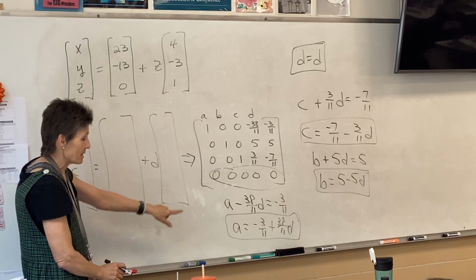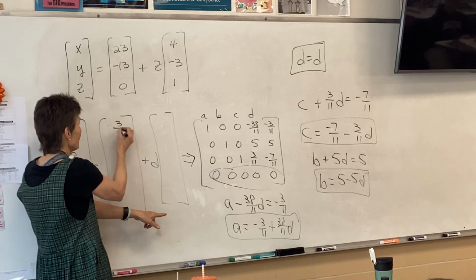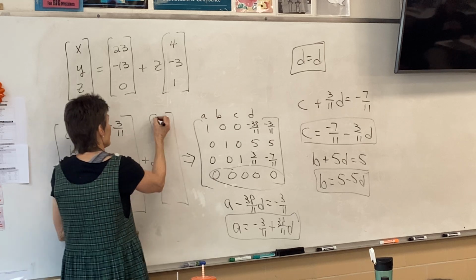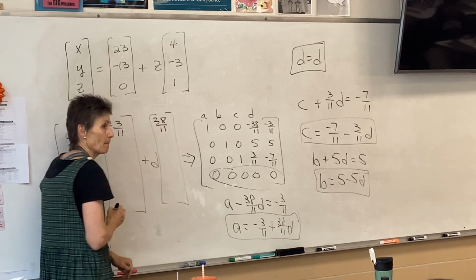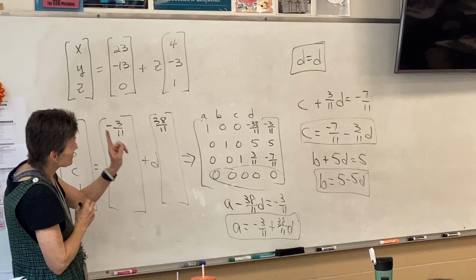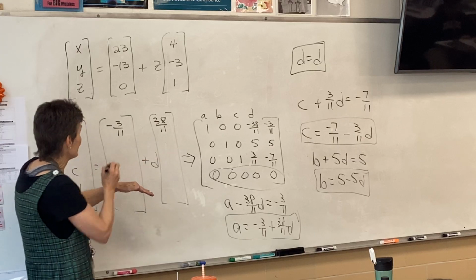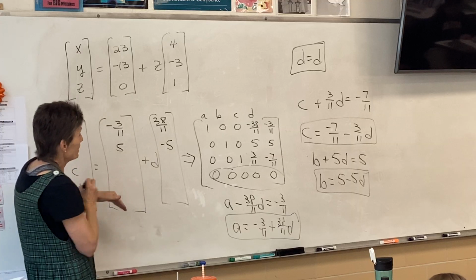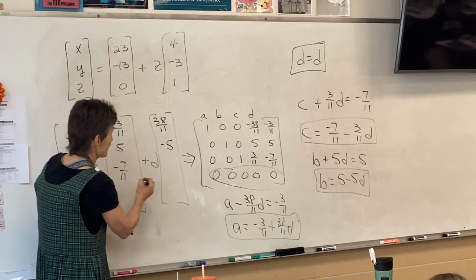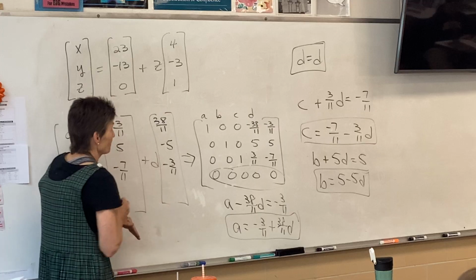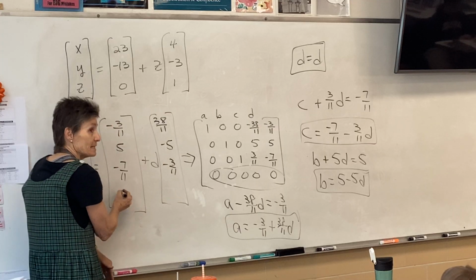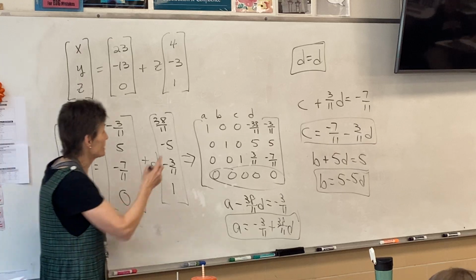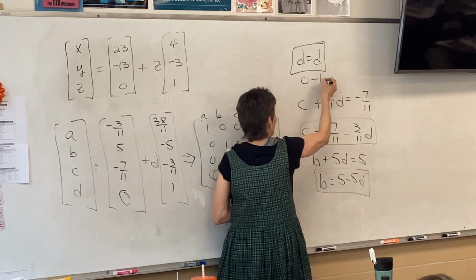So what is A? Plain number is negative 3/11. D is 38/11. B is 5 minus 5, then negative 7/11, negative 3/11, and then 0, 1. There's no number, this is like 0 plus 1D.